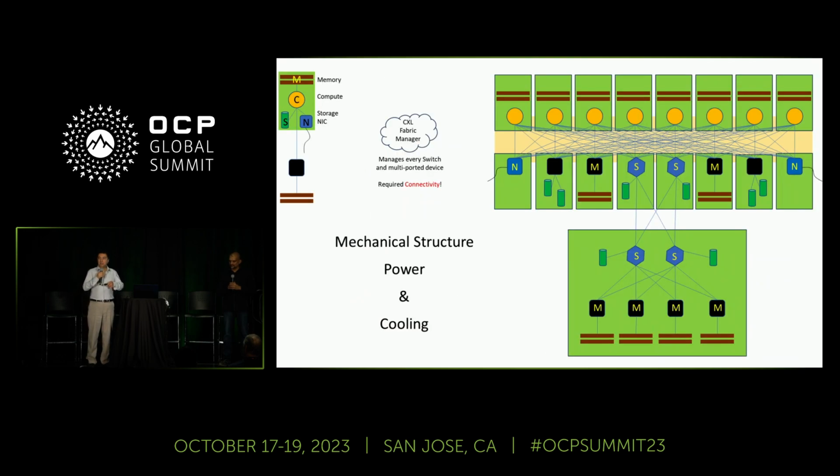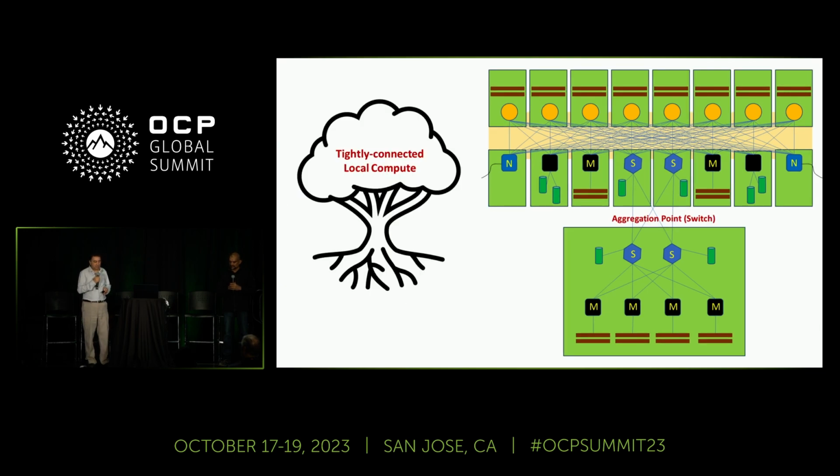So having done all of that, we also need mechanical features for power and cooling, and that's basically what OCP does. Having all of this together, you can have a tightly connected chassis where all of the devices are point-to-point connected, and they can be connected through extended connectivity to a different chassis.